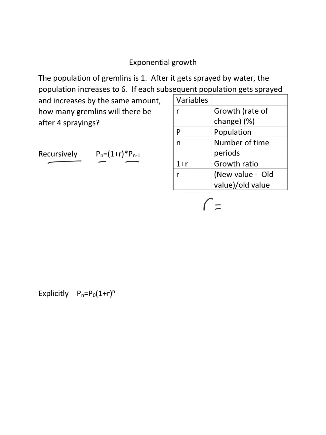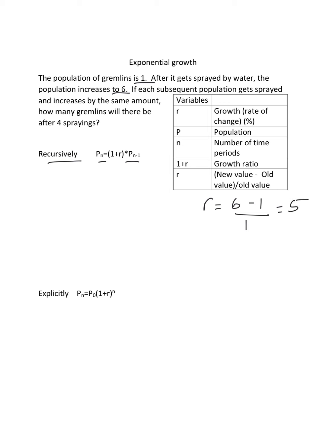For this purpose, r, the growth rate, is the new value minus the old value, divided by the old value. So for what we have here, r is going to be the new value of 6, since there's 6 after the increase, minus 1, because that's the original value, divided by 1, which is 5.